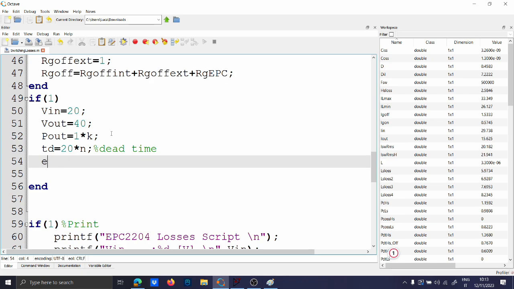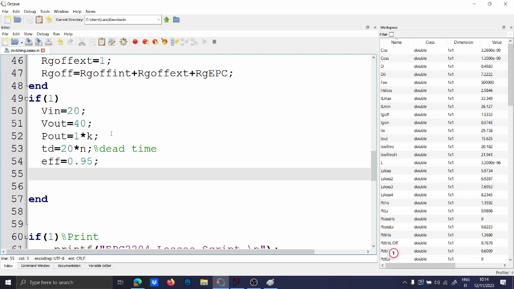We will estimate the efficiency, for instance, to be 0.95. So I will expect this to be very efficient. The input power is given by the output power over the efficiency.